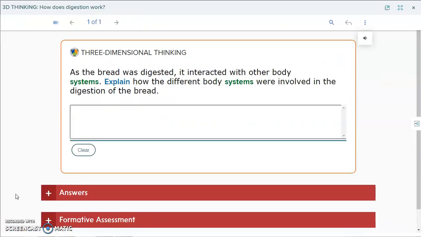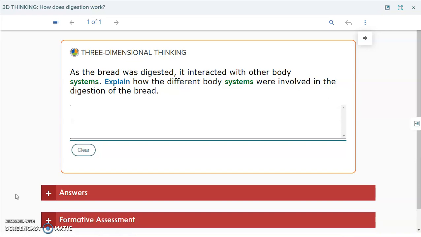Now look at this question. Imagine you have eaten a piece of bread. While you are eating it, what is the interaction between the digestive system and other systems? How do they interact with each other while digesting this food?